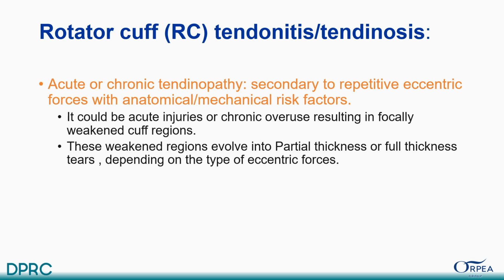It could be an acute injury or chronic overuse resulting in a focally weakened cuff region. So the cuff region becomes focally weakened due to repeated injuries, and these weakened regions evolve into a partial thickness or a full thickness tear depending upon the type of the force applied on the upper limb.